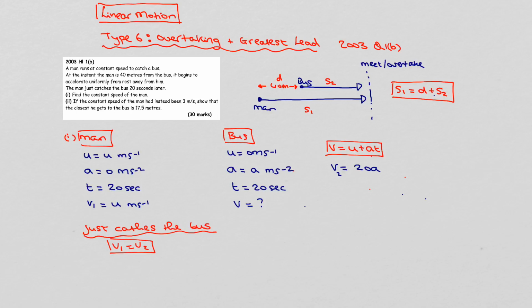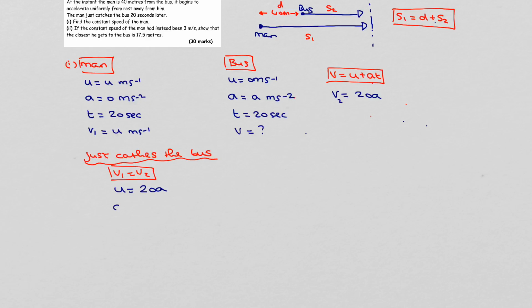So 20A must equal U, or U is equal to 20A. Therefore A can be written as U over 20.